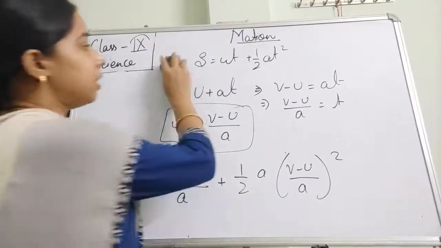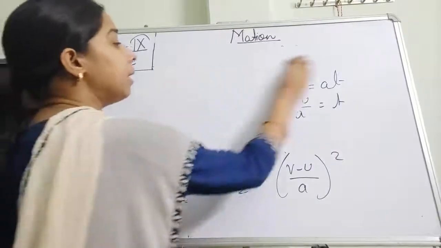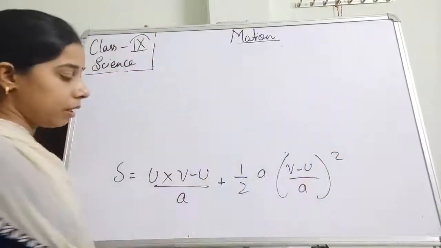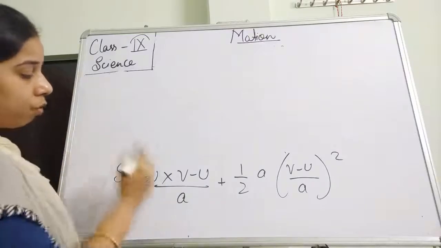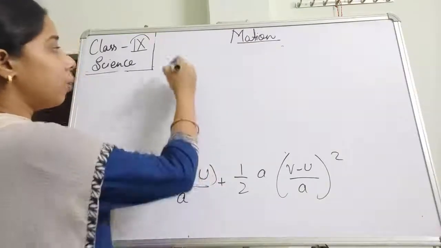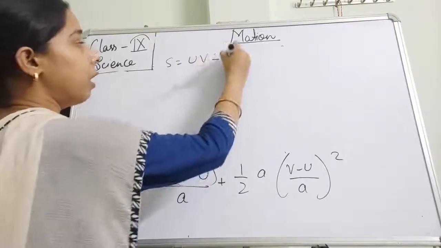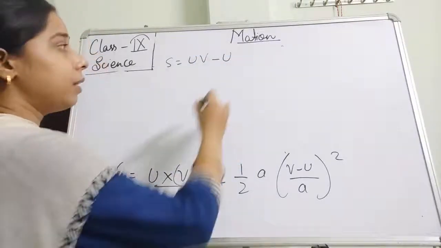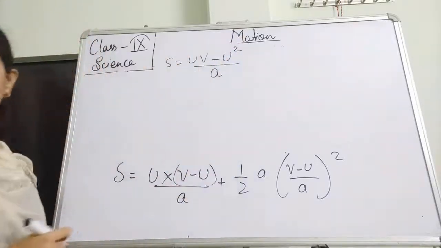Then we have seen that simply by solving this equation, we will get the third equation of motion. I'll tell you how. Here, when we multiply these two, s will be equal to uv, and this u will multiply with it, giving uv minus u square upon a.